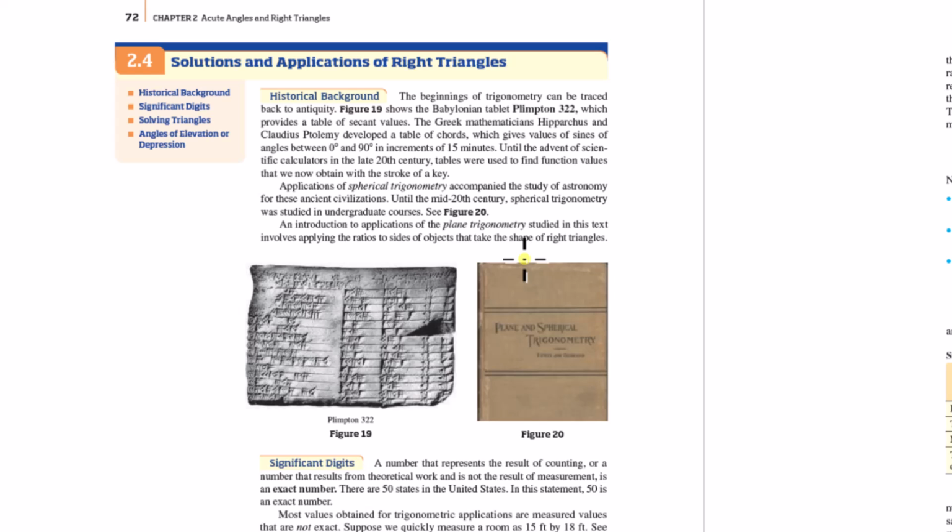And it's going to involve doing what? It's solving the right triangle. Based on the information we have, we can use trig functions to find the side lengths.